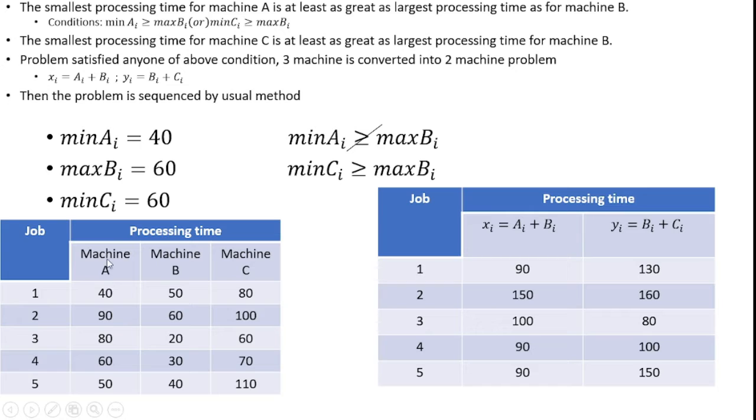The minimum is 40. So I wrote minimum Ai is equal to 40.